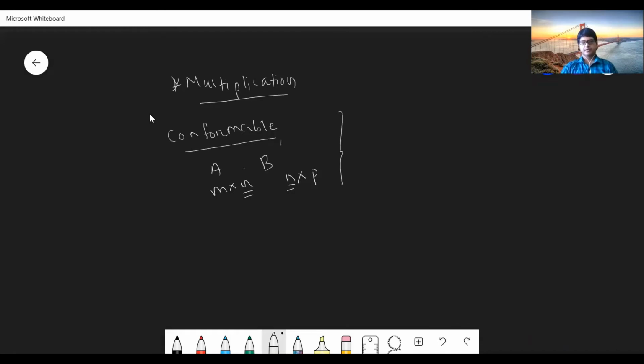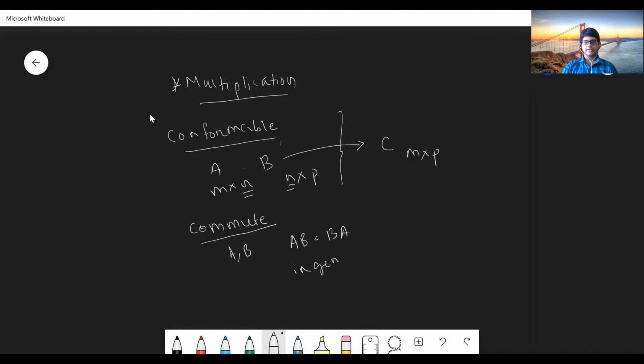Let me just complete this. This is going to output a matrix C, which is of the order m cross p. Fine. Now let me go to commute. Commute comes from commutative. So two matrices A and B are said to commute with each other when A into B is equal to B into A. But mark, in general, this commutative property doesn't hold for matrices.